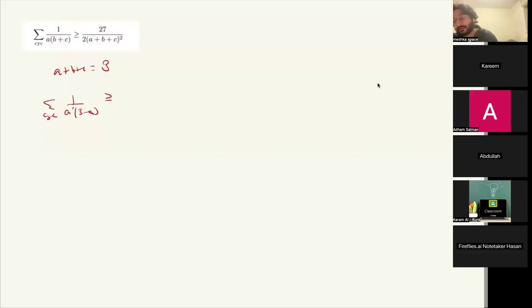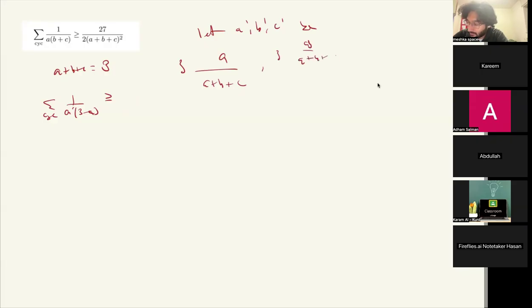Right. So if we prove this for 3, we prove it for any. I mean, maybe the formula you should say, okay, let A prime, B prime, C prime be like 3A over A plus B plus C, and then 3B over A plus B plus C, like this, I think. And then, yeah, it's true.